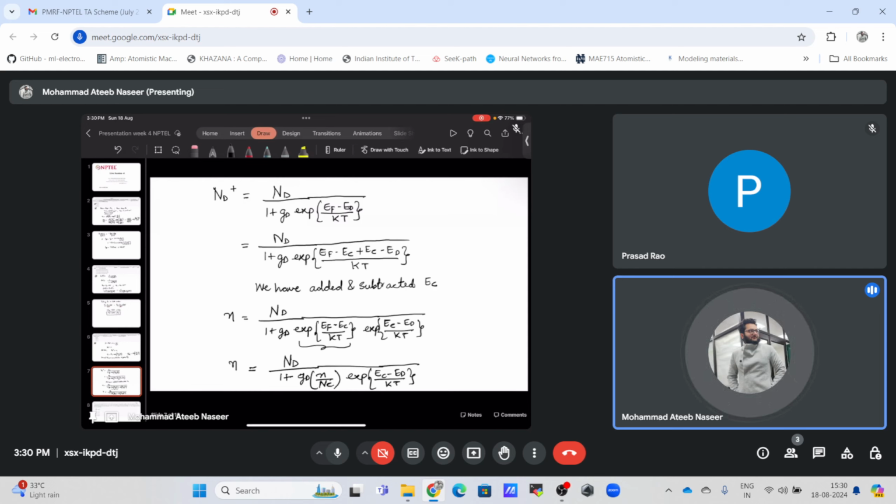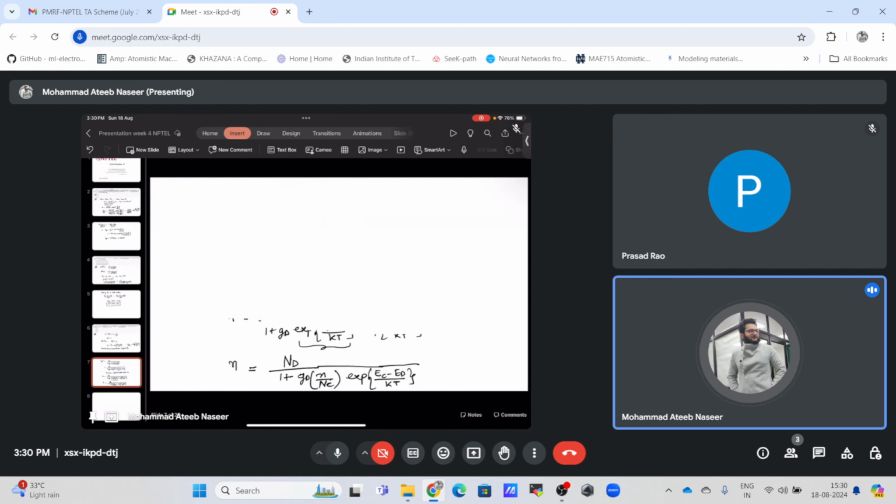This will be a quadratic in n, but let's do some manipulations. Let me say that this whole thing, Nc by Gd exponential of EC minus ED, is equal to X. Let me put it like this.